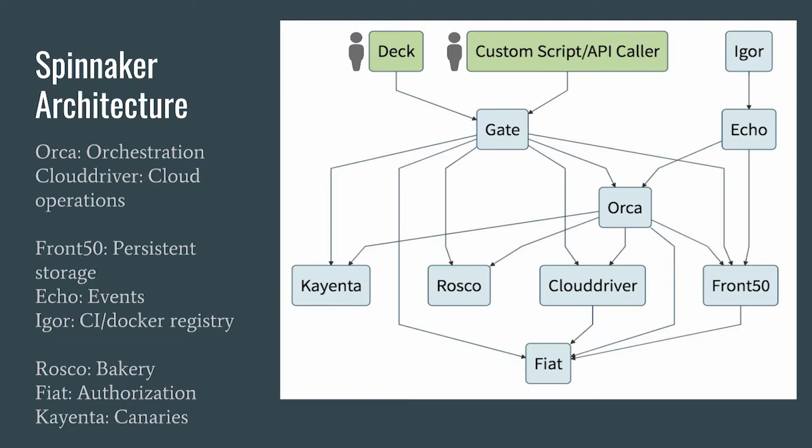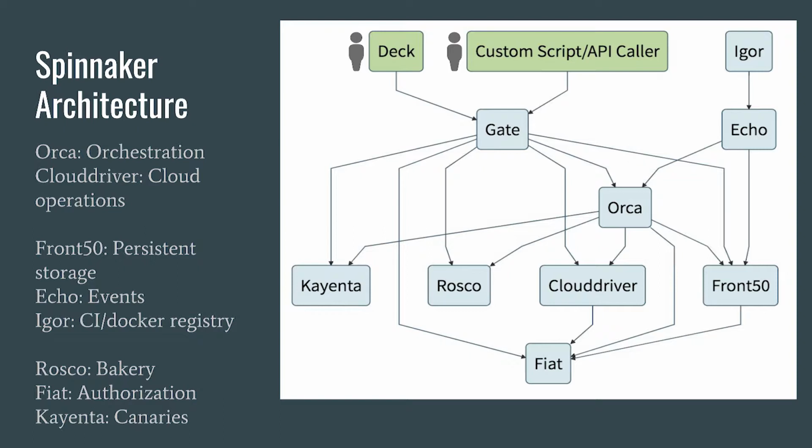Front50 is the persistent data microservice, which is backed by S3 for Amazon and GCS for Google, and there are some other backings too. This is where all of the application data is stored, but not where the task history or execution history is stored. Fiat is authorization, and that's a newer service, and it deals with access control for accounts and pipelines on a more granular level.